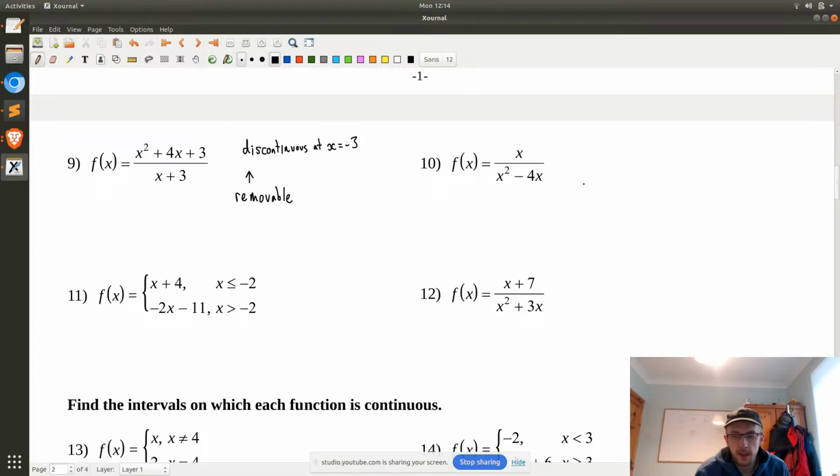And 1 over x - 4 is like the standard hyperbola of 1 over x, but translated 4 units to the right. And so it would be an infinite discontinuity, I believe.